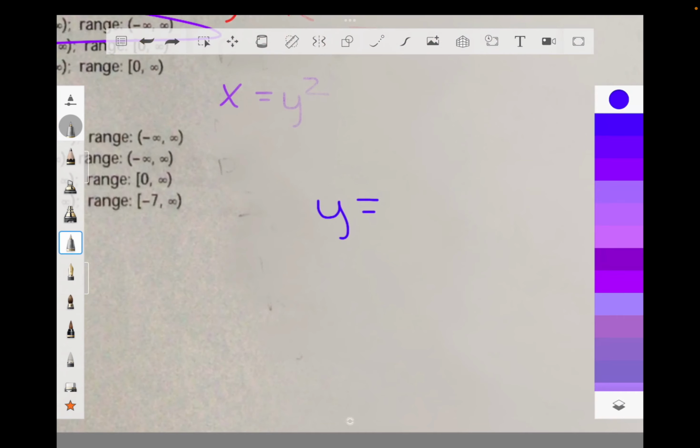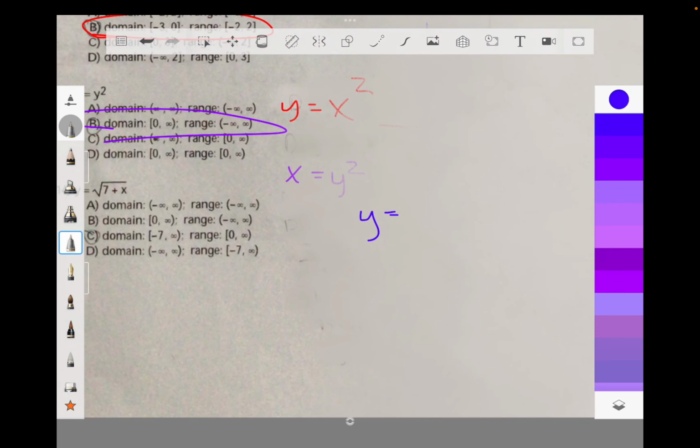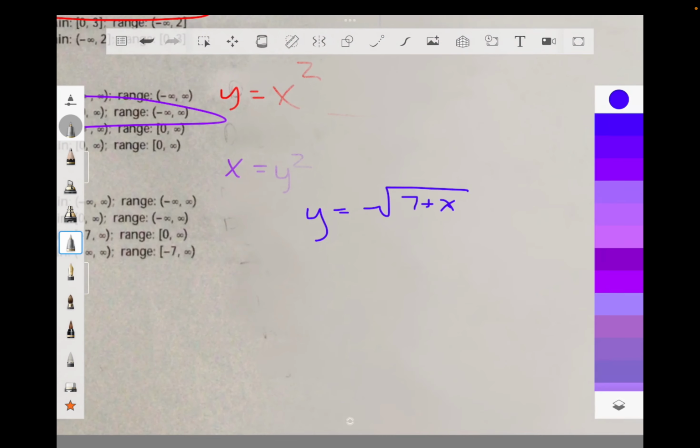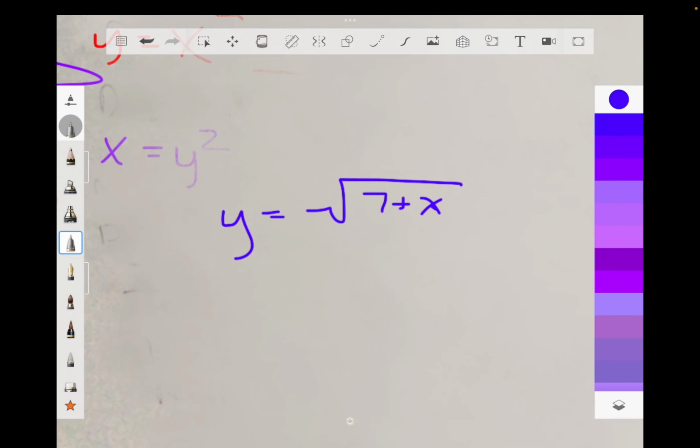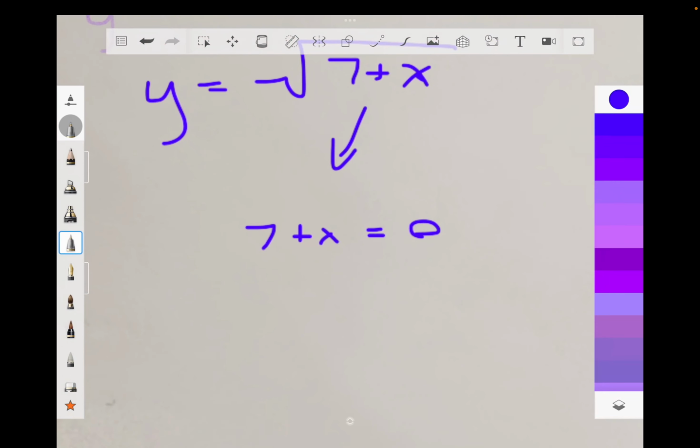So y equals root 7 plus x. What number can I plug in for x that ensures that this is 0 or higher? Well, you could take this out and make an equation. 0 is the lowest number you want, so set it equals 0. And of course, x equals negative 7, right?